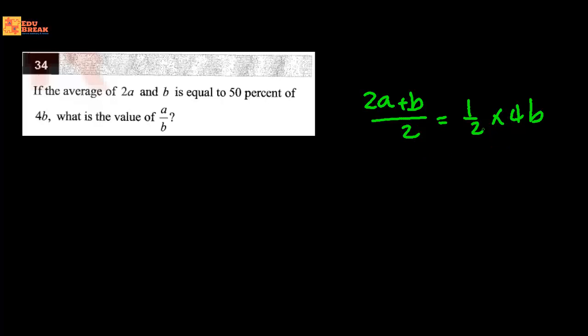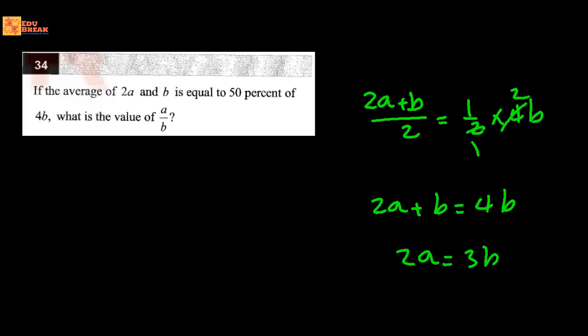Simplify. So divided by 2 equals 1, divided by 2 equals 2. So we have 2a plus b equals 4b. So 2a equals 3b. So the value of a over b equals 3 over 2.